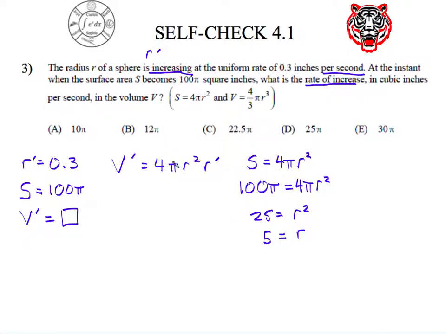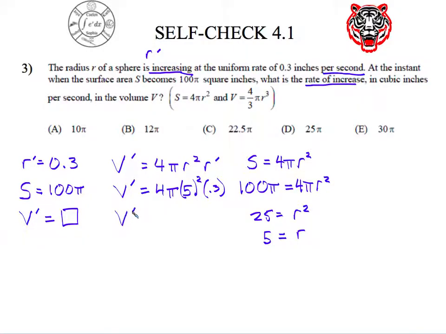And now we have r, so now we can come back to this problem and substitute that in. So we have a V prime that we're trying to solve for again, and that's going to equal 4 pi r squared, so that's going to be 5 squared, and then r prime is 0.3, times 0.3. All right, well, 5 squared is 25 times 4 pi is going to be 100 pi.